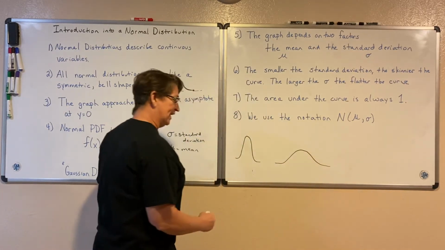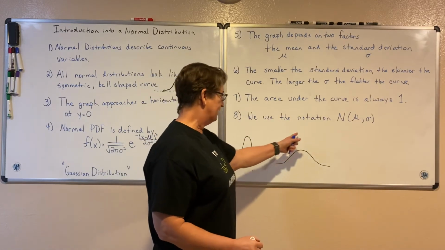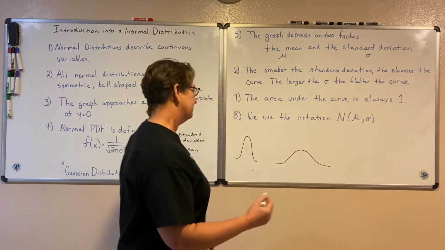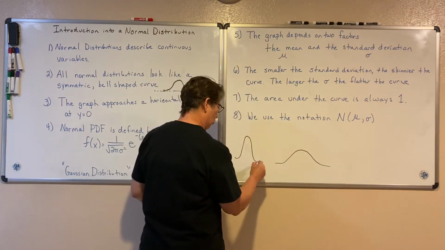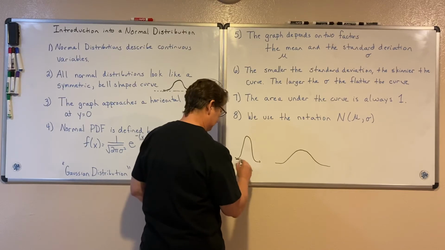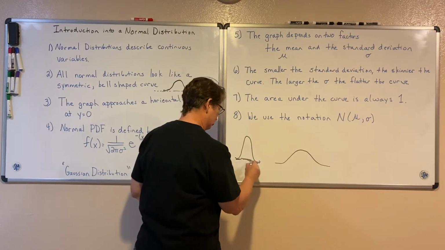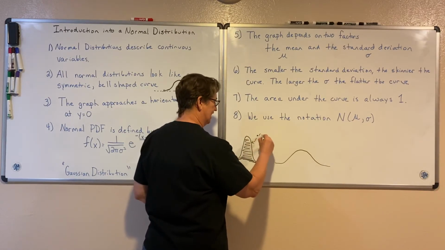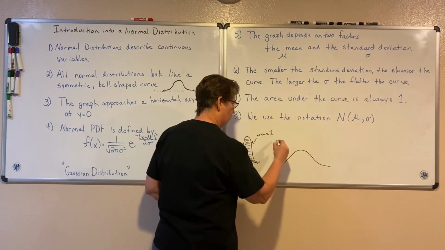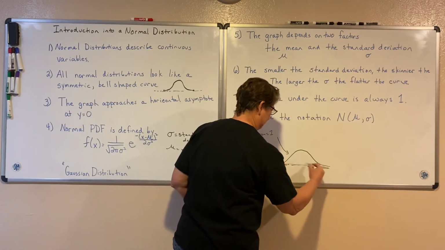But either way, it's going to be symmetric, so I can cut it right in the middle and the two sides meet. And another really important characteristic is that no matter what shape it has, the area underneath is going to be equal to 1, whichever form it takes.